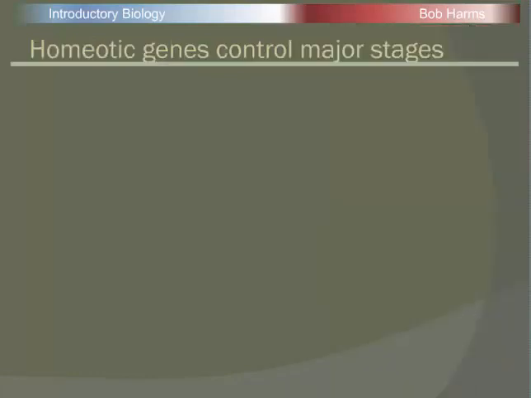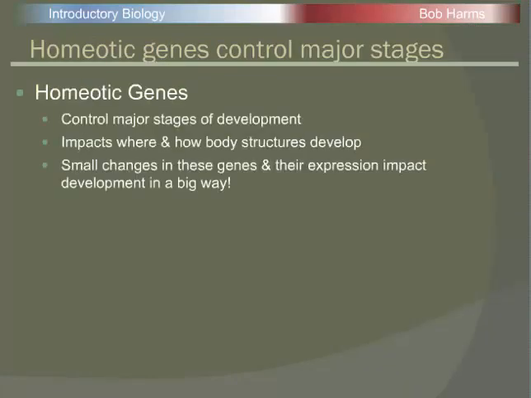These homeotic genes play very major structural roles in most animal groups, controlling where and how large body structures develop when we think of legs and arms and antennas and eyes and ears. Small mutations in those genes may have a big impact on where or how many of these body parts develop.